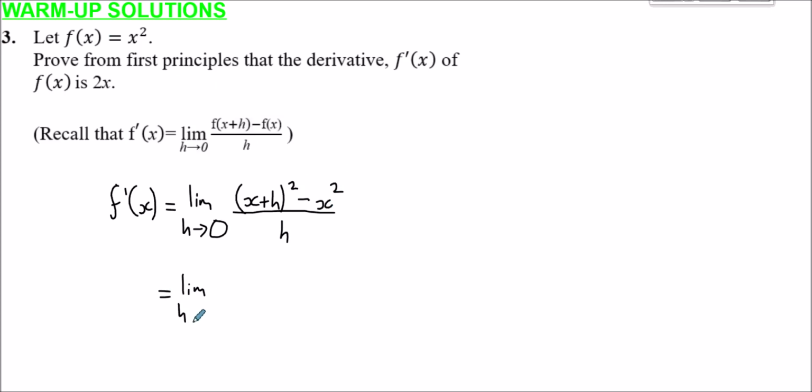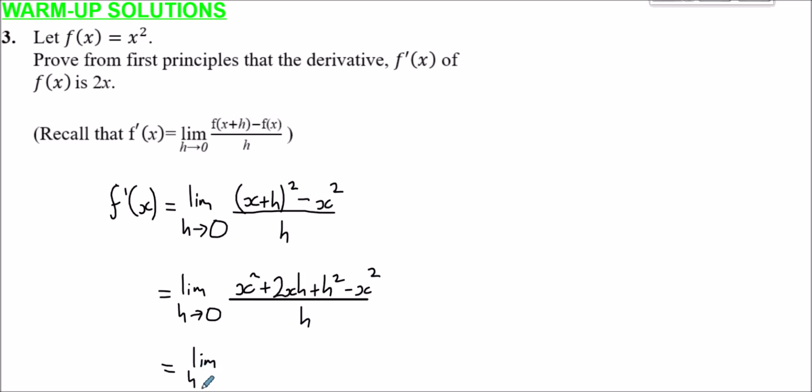That's the same as the limit as h goes towards 0 of this. So x plus h all squared gives us x squared plus 2xh plus h squared. And then we minus off x squared from this. Again, all over h.